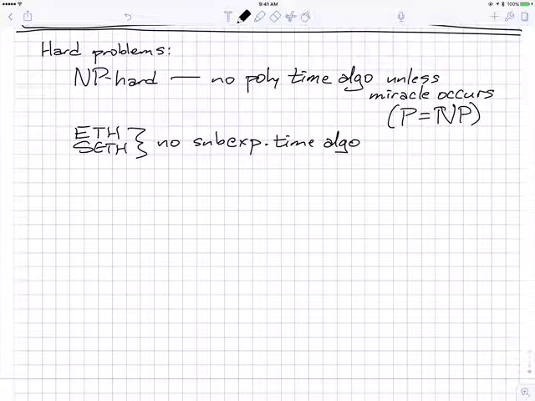And there's a bunch of other consequences of SETH that I briefly alluded to at the end of the lecture on Tuesday that say, for example, there's no subquadratic algorithm for longest common subsequence. Right?